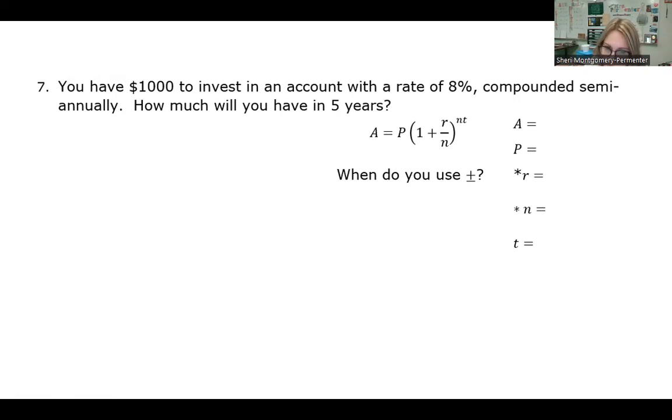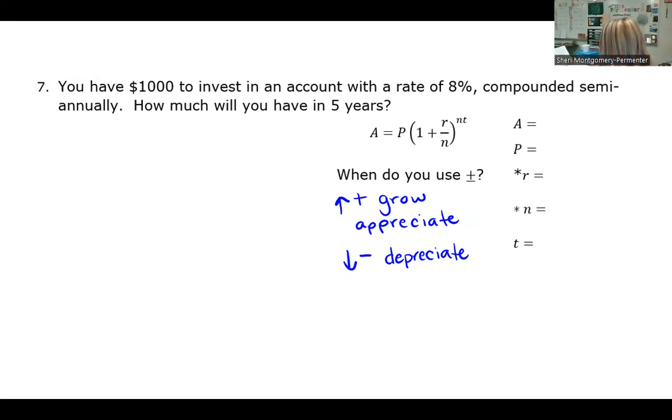So you use plus when things grow or they appreciate. That means you think the money's going to get bigger. You will use minus when things get smaller or they depreciate. On your homework, you have a question about somebody's car that's depreciating.